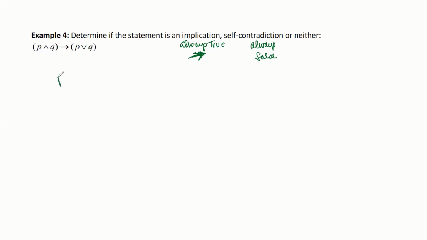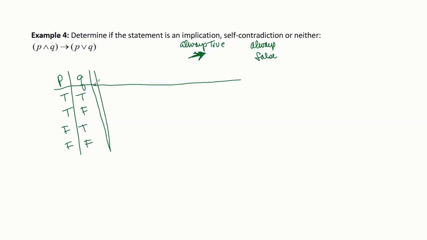So let's make a truth table. P, Q. So we just have true, true, true, false. It's a pretty simple truth table. False, true, false, false. And now we have our statement. P and Q implies P or Q. So very quickly, I'm going to bring down P and Q in each of these.